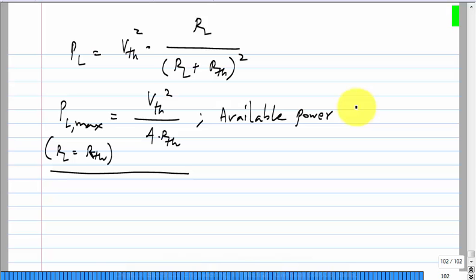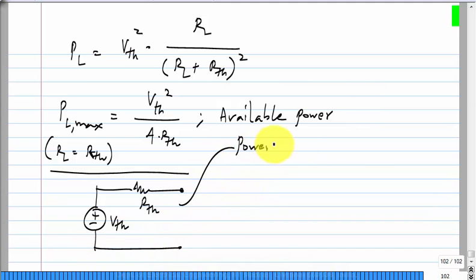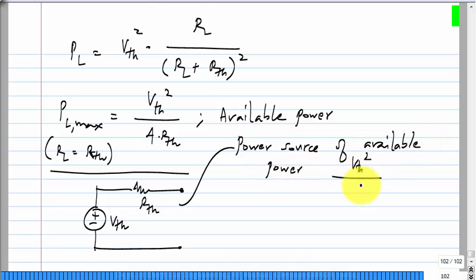Now, one of the viewpoints that is taken, not so much in circuits, but as you will see later in transmission lines and electromagnetics and so on, is to think of this combination VTH and RTH as a power source of available power VTH square by 4 RTH.